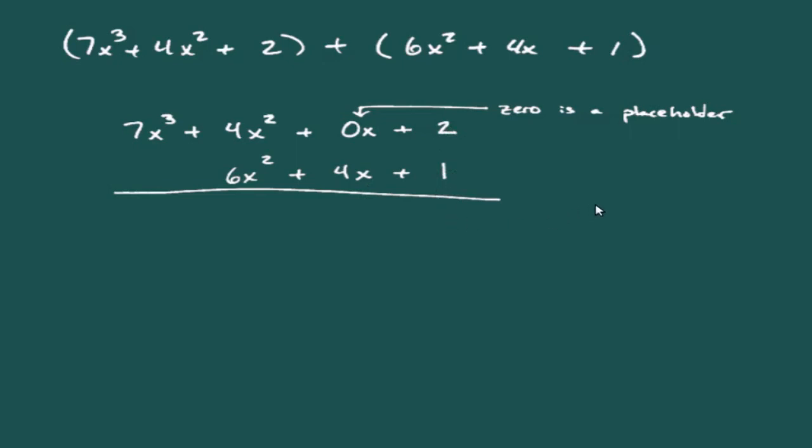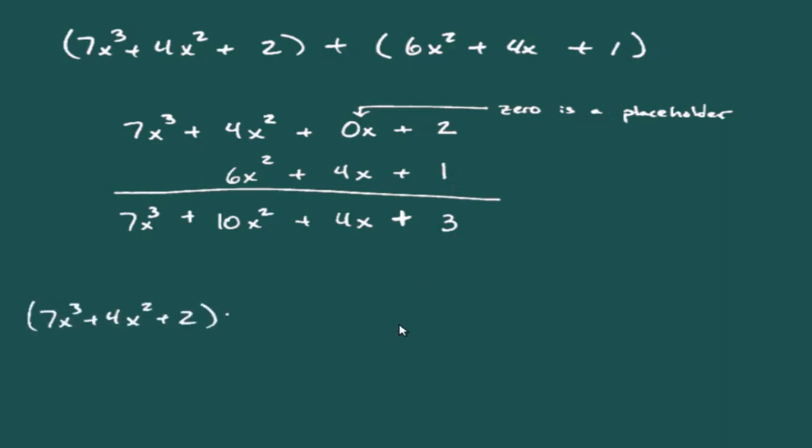And so we can just add our columns together now. Well, 7x cubed, plus 4 plus 6 gives us 10x squared, plus 0 plus 4 gives us 4x, plus 2 plus 1 gives us 3. And so for our final answer, we would have 7x cubed plus 10x squared plus 4x plus 3.